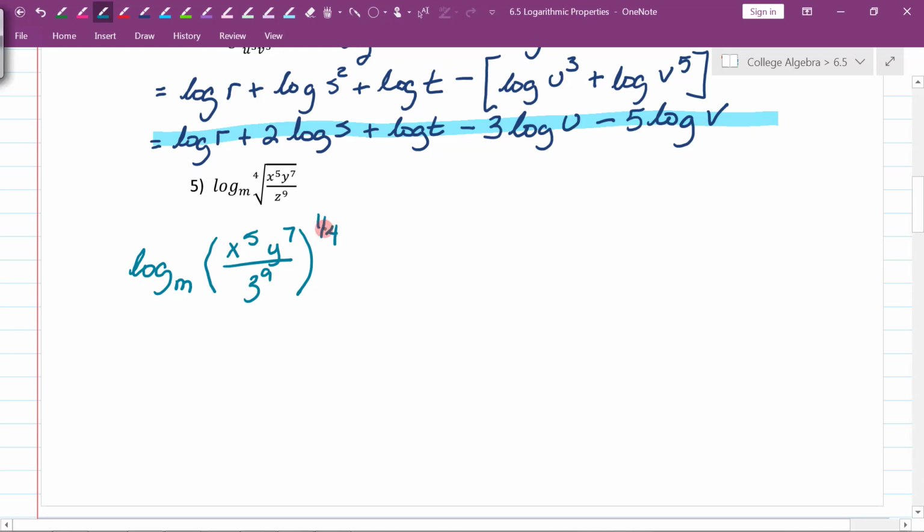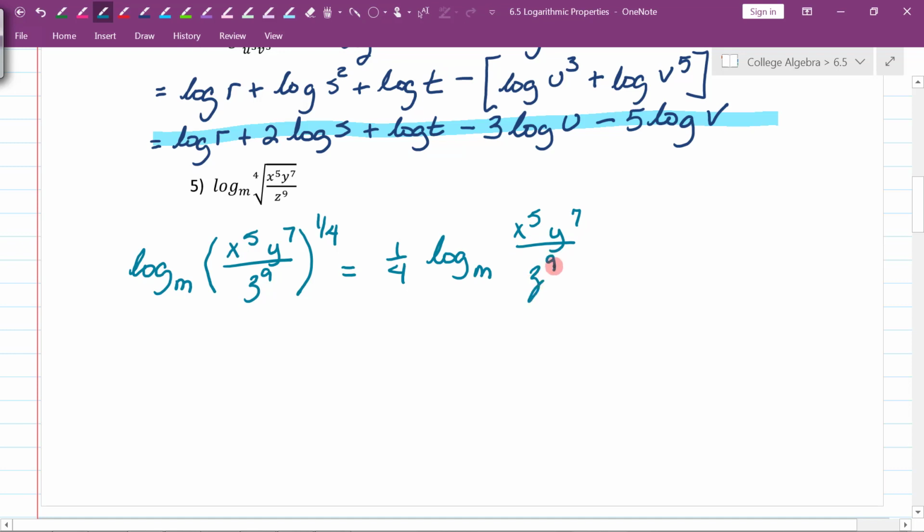So to get rid of this, the first thing I'm going to do is the power rule. We're going to bring it down out front. So this is going to equal 1/4 times log base m x to the 5th y to the 7th divided by z to the 9th.